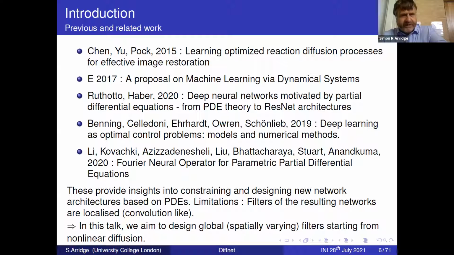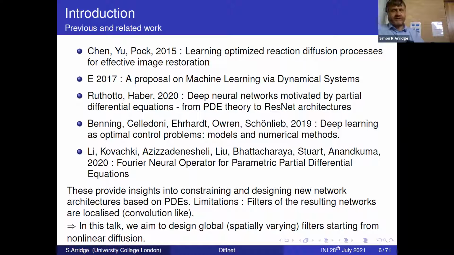Many of us know the pioneering work of Weinan E on machine learning via dynamical systems. Ruthotto and Haber, Haber will be speaking later today, have done much interesting work on the connection between neural net architecture, particularly ResNet architectures, and PDEs.